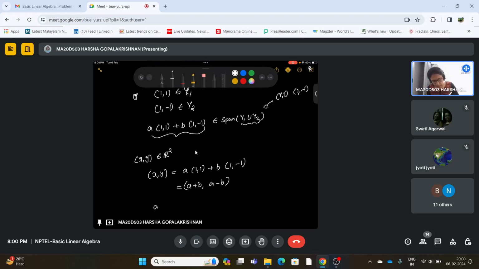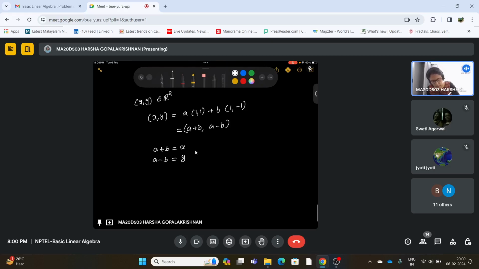So a plus b equals x and a minus b equals y. If I add these two equations, what I will get? 2a equals x plus y, so a equals (x + y)/2.